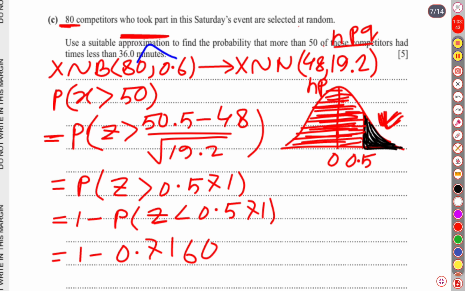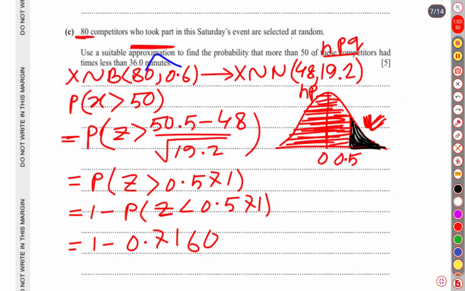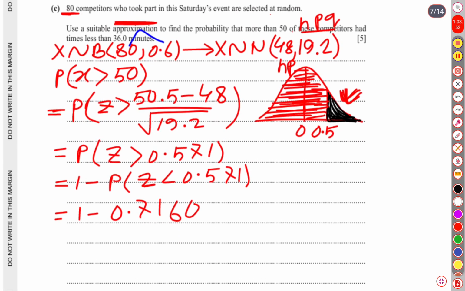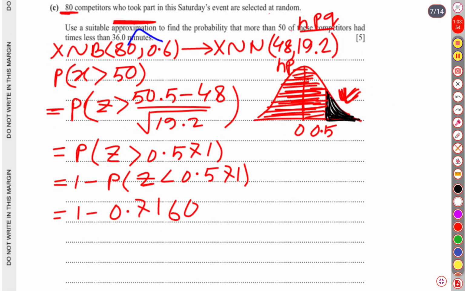So finally our probability is going to be how much? If we subtract 0.7160 from 1, we will get our final probability, which is 0.284.